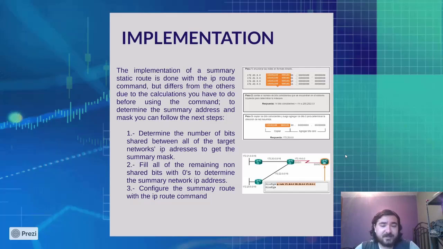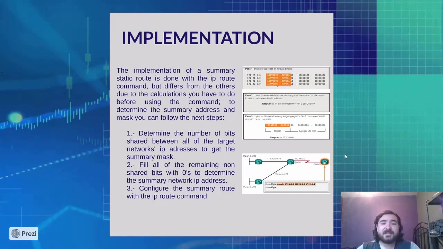Once we have this, we're going to fill all of the shared bits with 1s and the non-shared bits with 0, and this will give us our network's summary mask. Once we know this, we can return the shared bits to their original values, and keeping the non-shared bits filled with 0, we will get the network IP address.